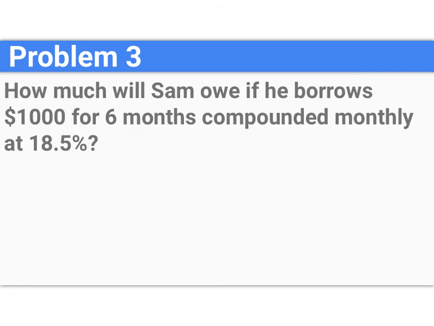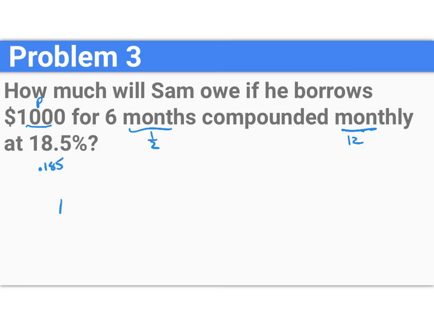Okay, so how much will Sam owe? All right, so what do we have here? This is our principal. 6 months is 1/2 a year, so we're going to convert that over to 1/2. Compounded monthly. So our N is 12, and our rate is 18.5, so 0.185.